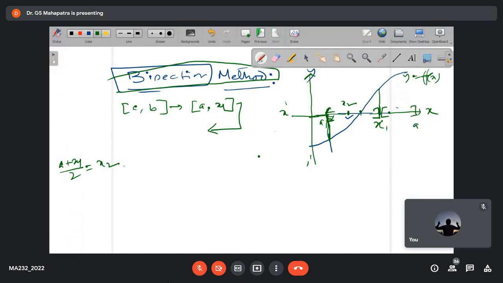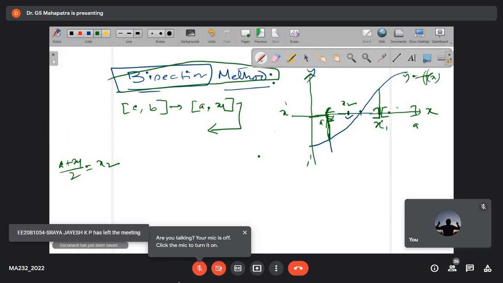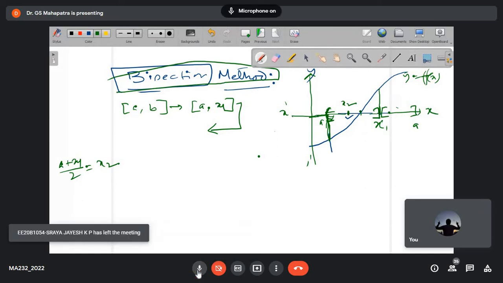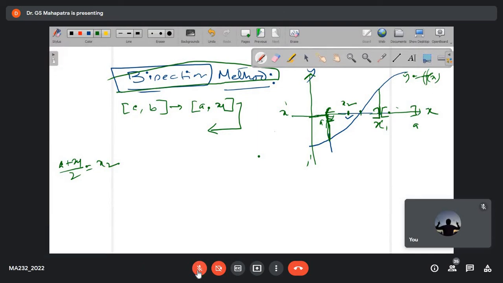Now it is x2. Can you answer which interval the root lies in now? x2 is a plus x1 by 2, so two options are there: a comma x2, or x2 comma x1.